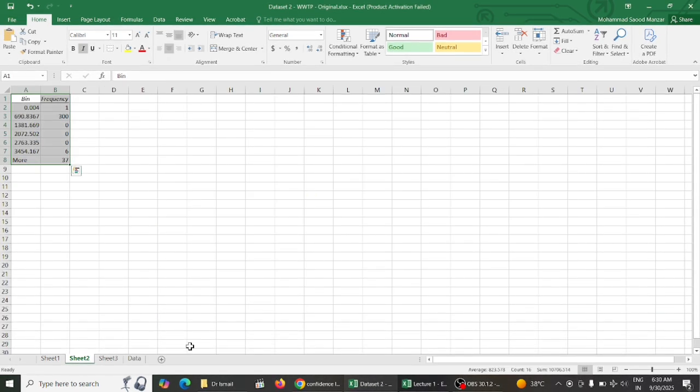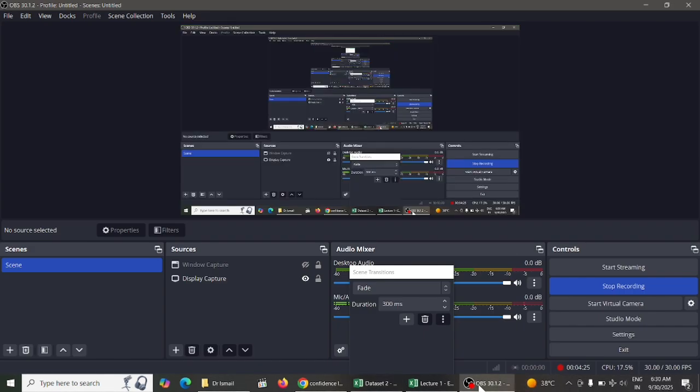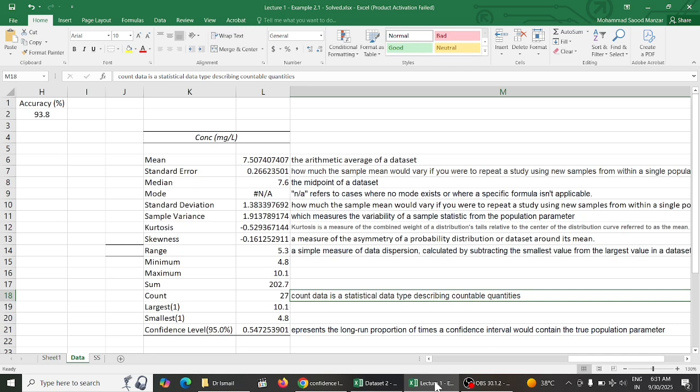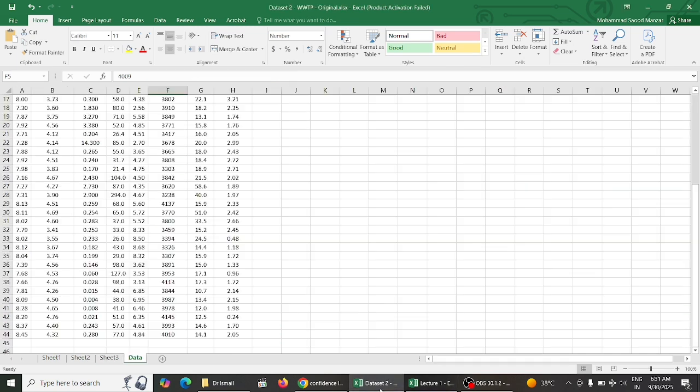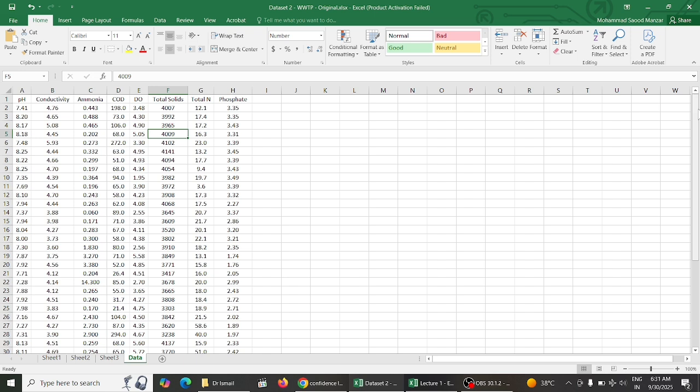Now let us go ahead with another kind of exercise. For example, now here we have a sample of data, you can see. Okay, we have the wastewater treatment plant data.